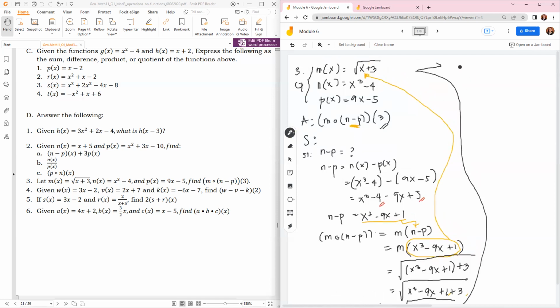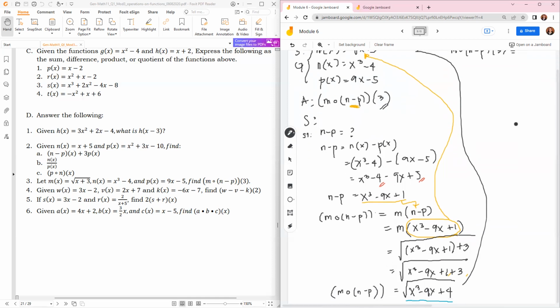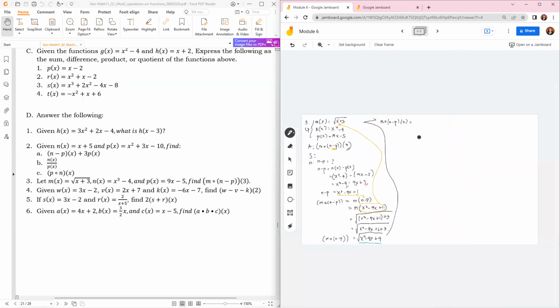So, m of n minus p of 3 is basically just equal to, what is our definition here? X cubed minus 9x plus 4, wherein our value is x equal to 3.